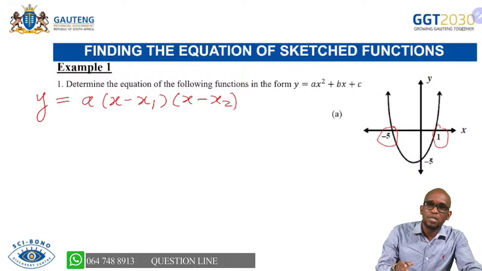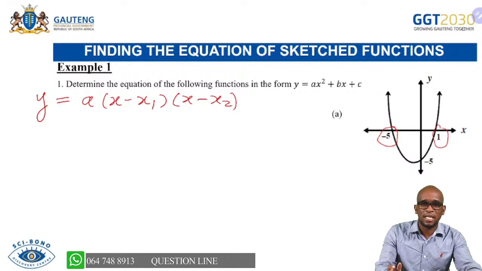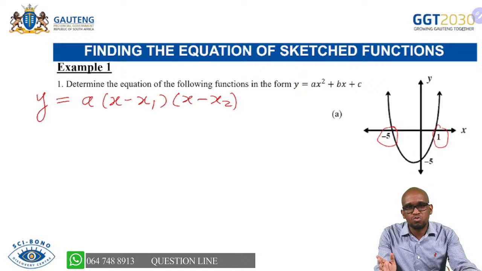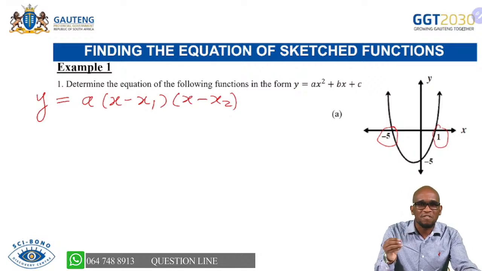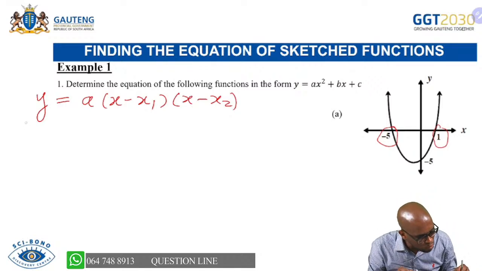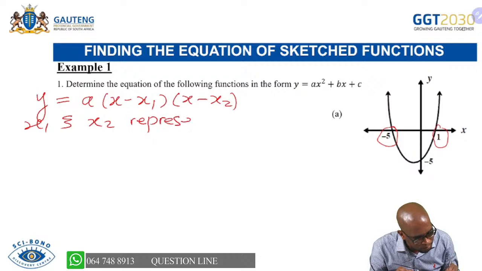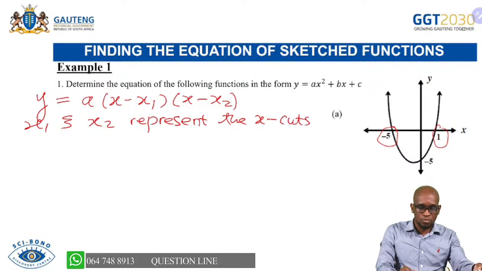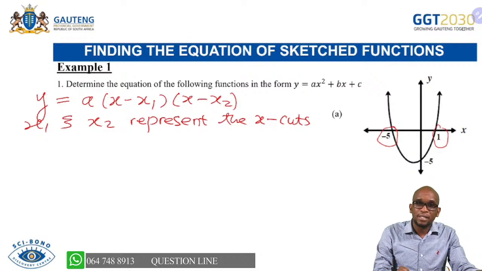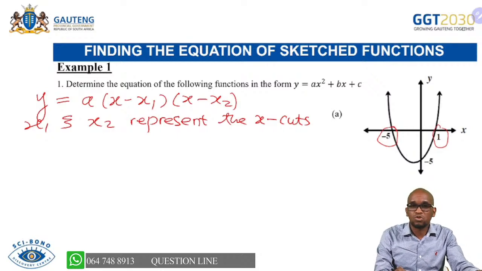Now, in this form, it is important to note, grade 12s, that x1 and x2 represent the given x-intercepts, the x cuts, which means that in this case, our x1 is -5 and our x2 is +1.